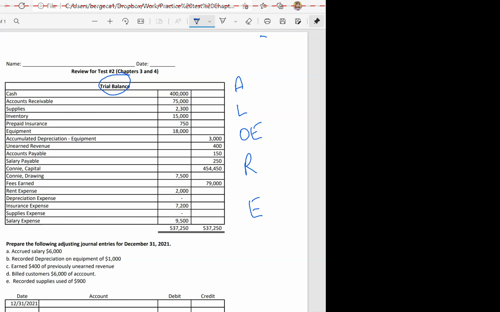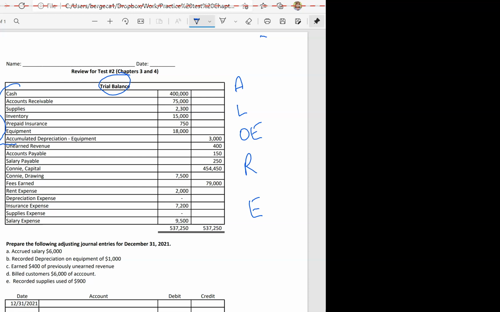So let's find our assets first. Our assets are going to go from here to here. So cash is an asset because it's going to benefit us in the future. Accounts receivable is an asset because it's going to benefit us when we get the money that they owe us. Supplies is an asset because they're going to benefit us in the future. Inventory is an asset because it'll benefit us when we sell it. Prepaid insurance, that's always a funny one.